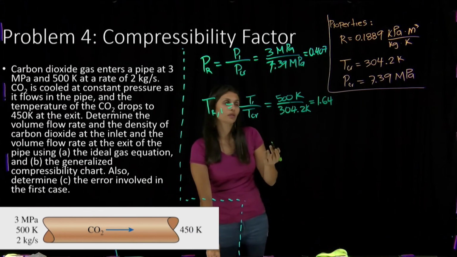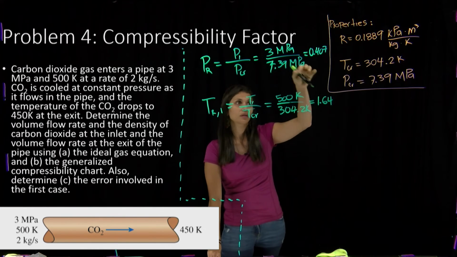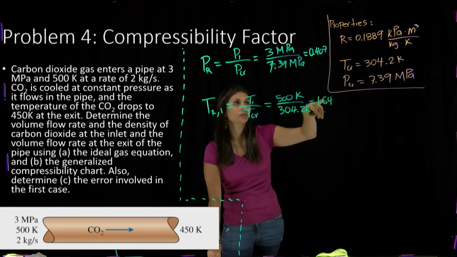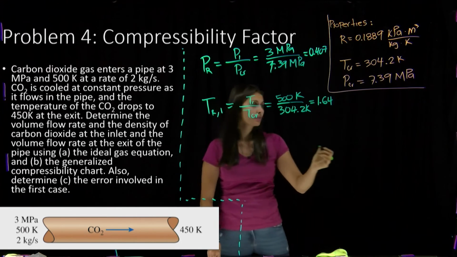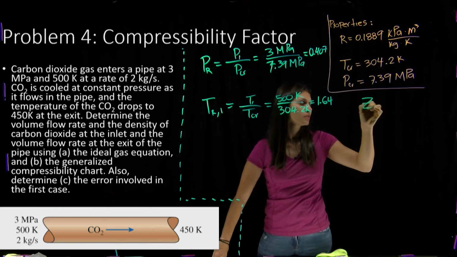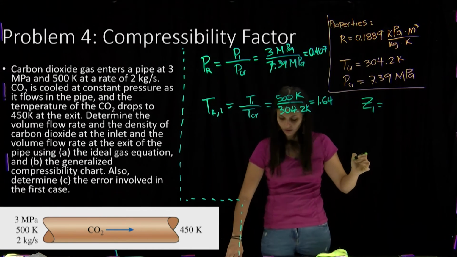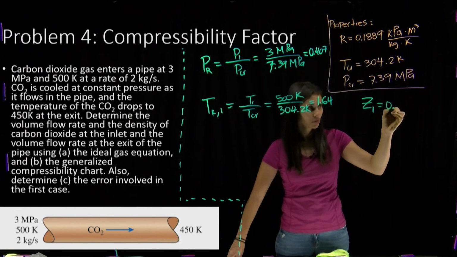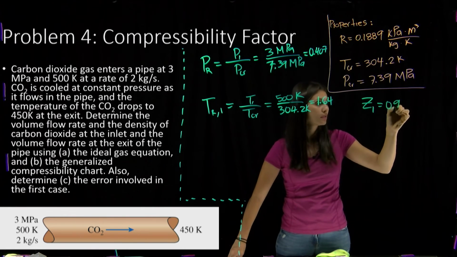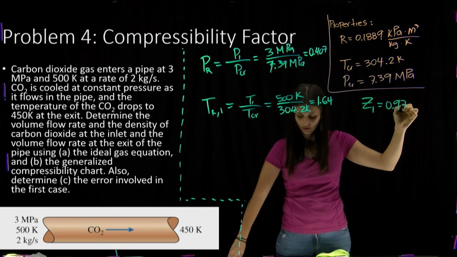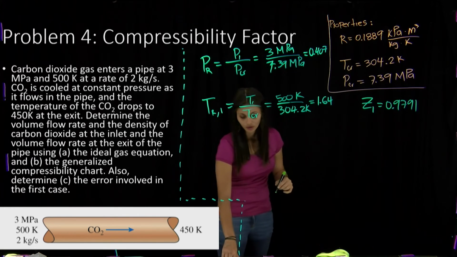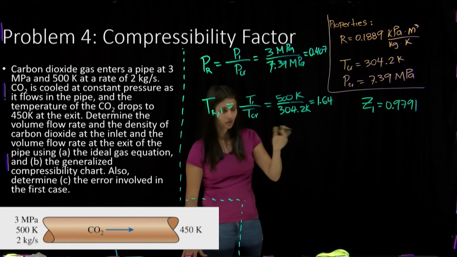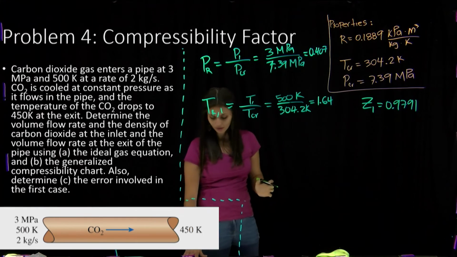So using the chart and these two conditions, looking at these two factors, we get that Z1 should be 0.9791. So that's the factor for the inlet conditions.